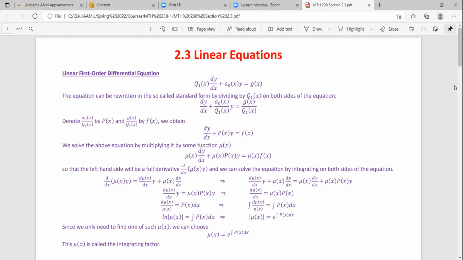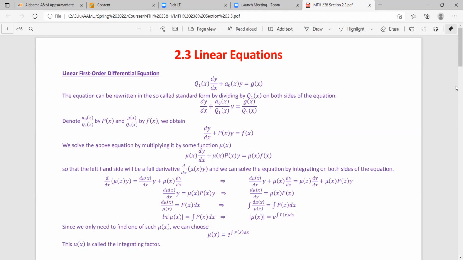So let's suppose the left-hand side is indeed the derivative of mu times y. When you use the product rule to take the derivative, you're going to get mu prime times y plus mu times y prime. Then that has to be matched with the terms on the left side in the equation. But what we have on the left side is mu times y prime plus mu p times y.